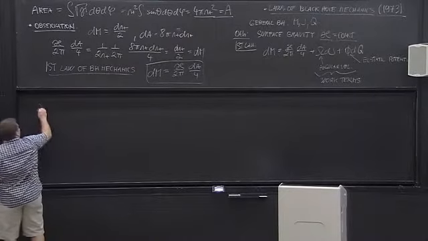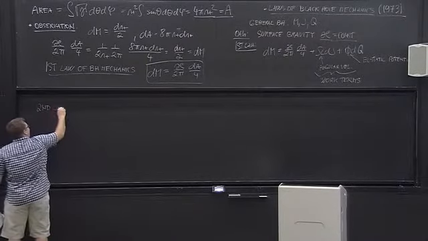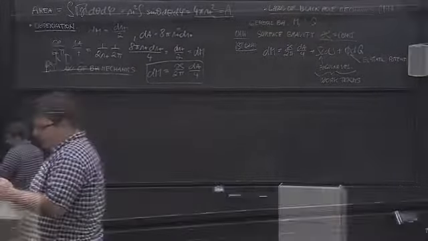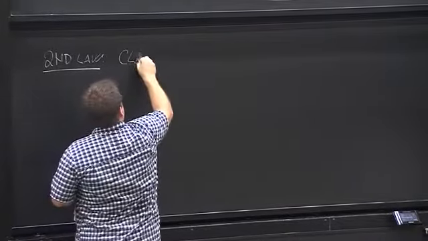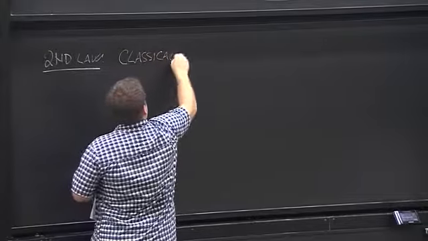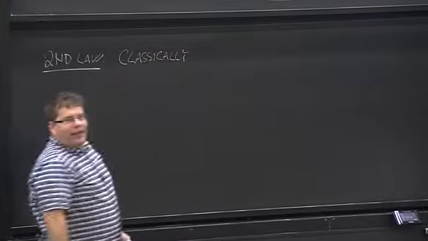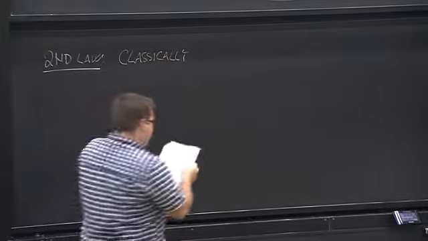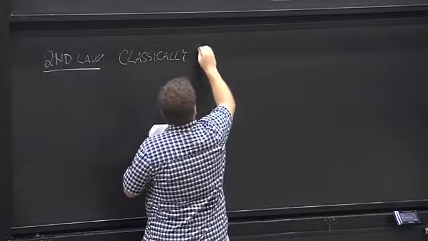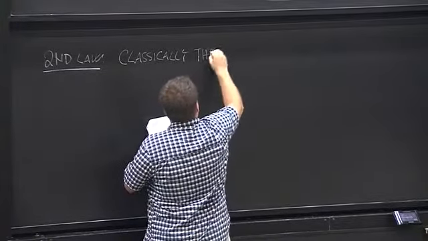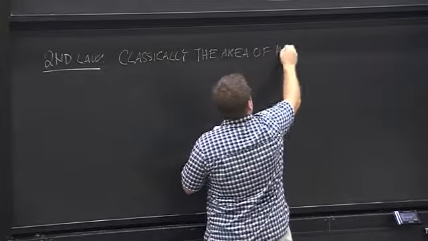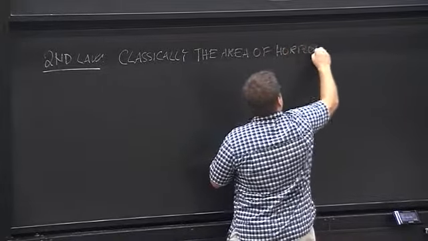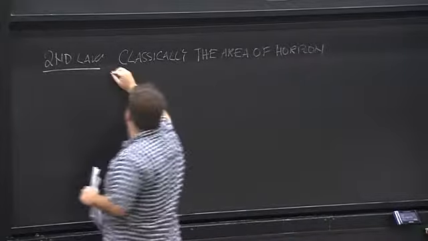And they also formulated the second law, which was basically due to Hawking. That said that classically, and provided the null energy condition is satisfied, you now know what it is, the area of the horizon never decreases.